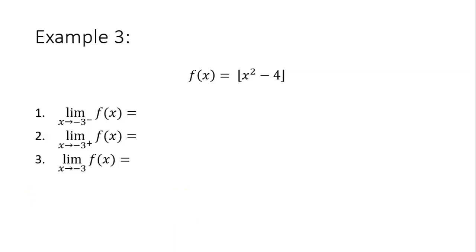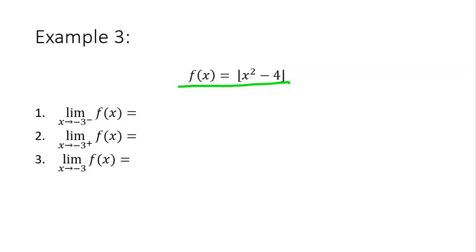All right, so here's my function, and I want to approach -3 from the left. Now, as I've mentioned, when we're doing step functions, we're going to treat these like they're non-removable discontinuities, because they very well may turn out to be that, okay?